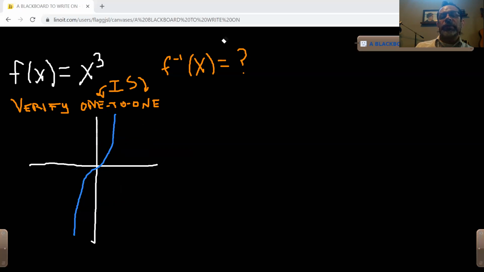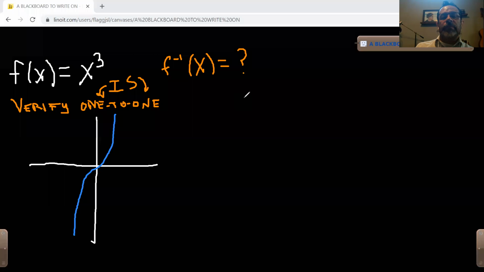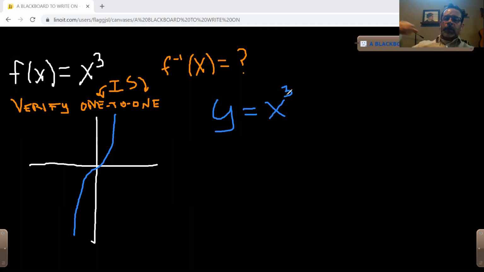We are going to do the same procedure. So we've got y equals x to the 3. This is actually a very simple one. Y equals x to the 3. And so what we're going to do is substitute the x's for y's and the y's for x's.